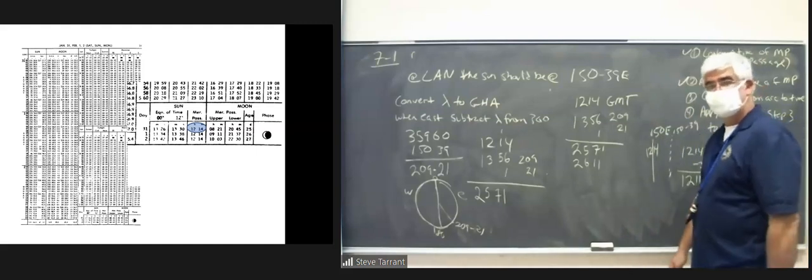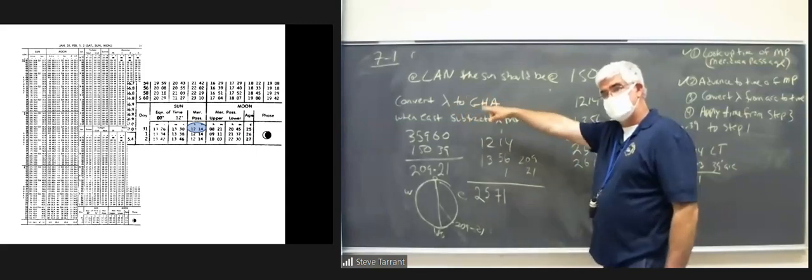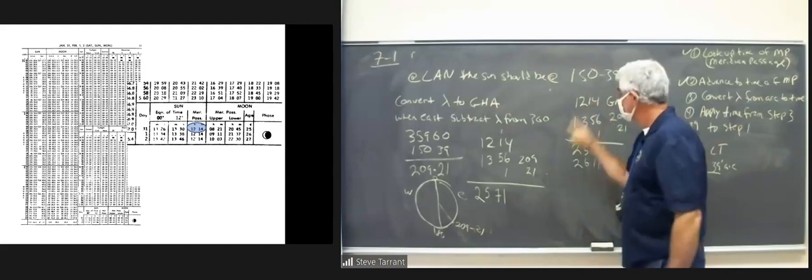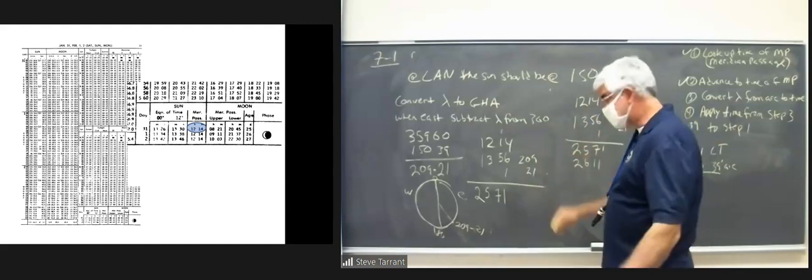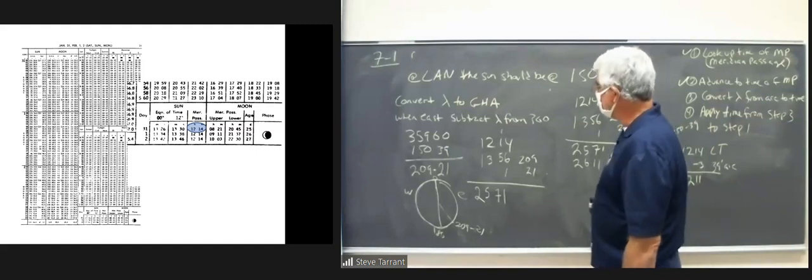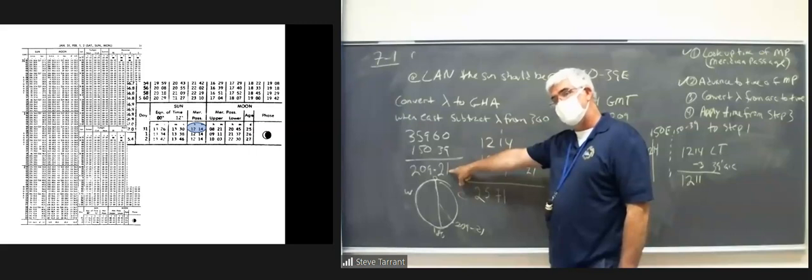Now, I'm going around west, which means my zone description is actually plus. There are 2 more steps. I need to divide 209:21 by 15 to figure out how many time zones it is.